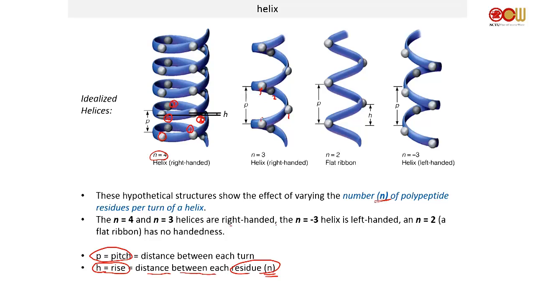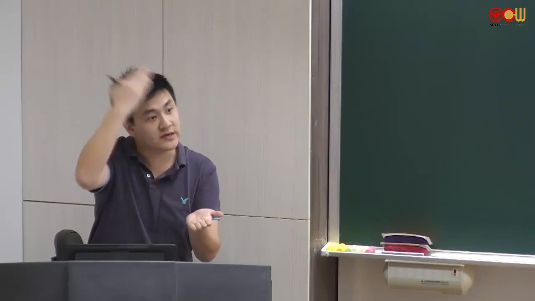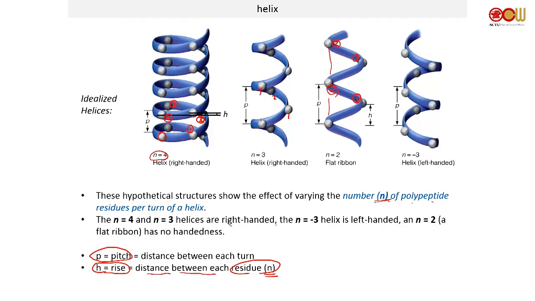It's going to be completely flat because it's 1, 2, and then 1, 2. So it's always like that, and you don't have a 3-dimensional depth. It just comes back to the same location after 1, 2. So for every turn, how many amino acids does it take to get you back to the same location? That's what it means, right? The number of polypeptide residues per turn of a helix, that's n.